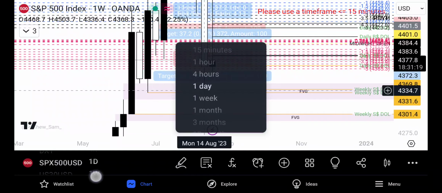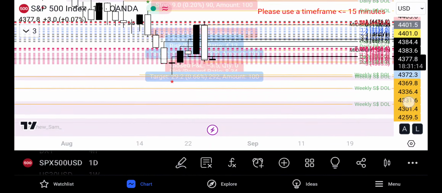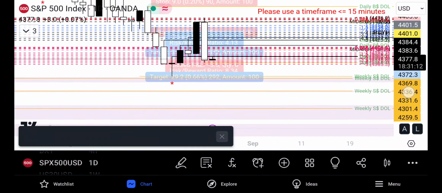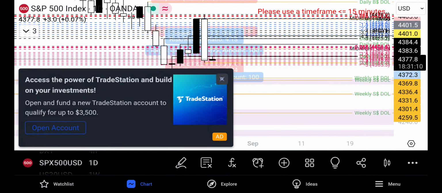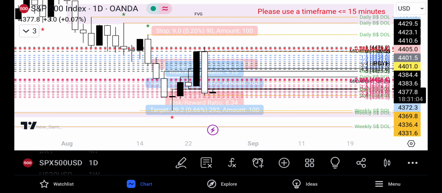I am in a couple of trades. I took one silver bullet setup in the London session, Thursday, August 24th.